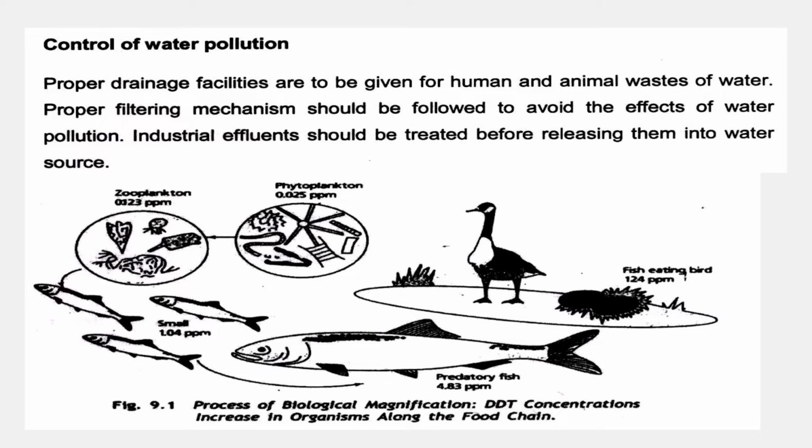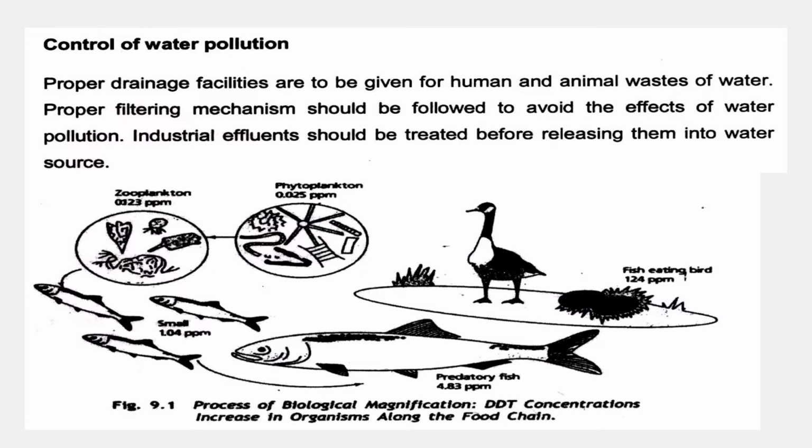So phytoplanktons are eaten by zooplankton, and those zooplanktons are eaten by small fish. Small fish are eaten by big fish, and that big fish is eaten by higher animals, bird and higher animals. Fish eating bird. Do you understand?